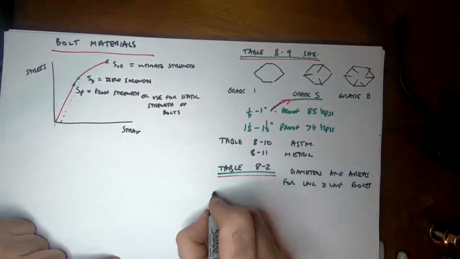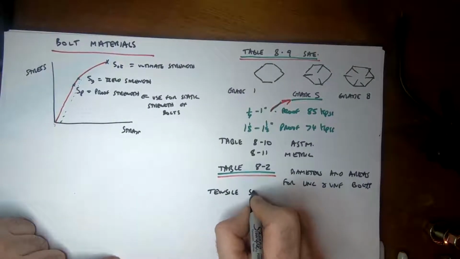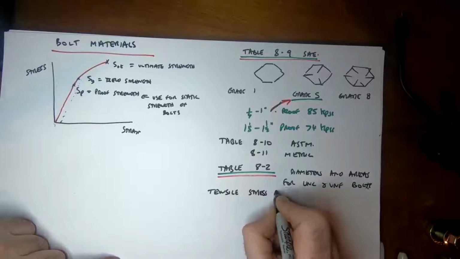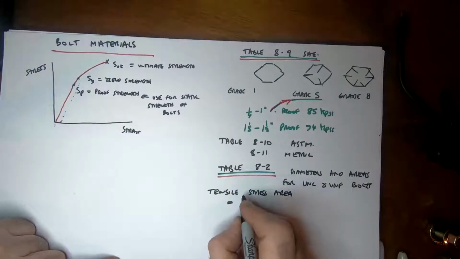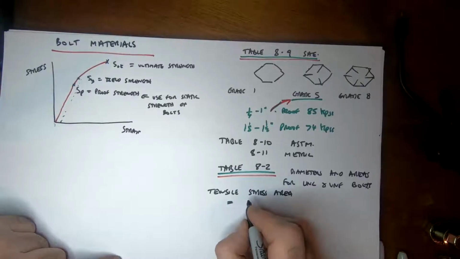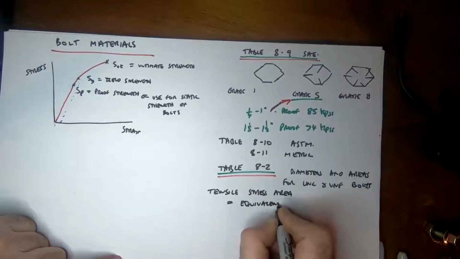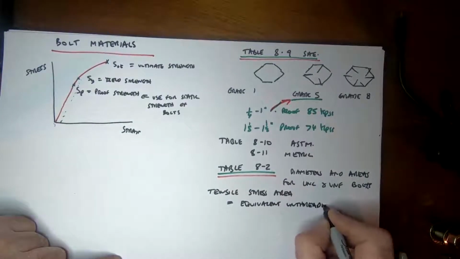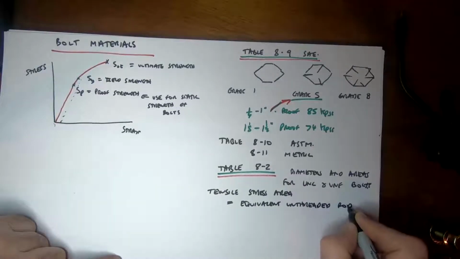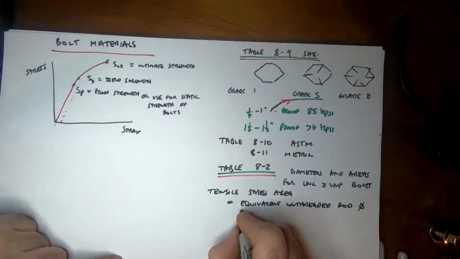One particularly useful area is called the tensile stress area, which is the equivalent unthreaded rod diameter for the same strength.